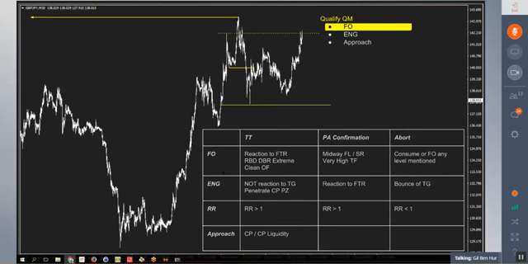I'll just give you an example. For me, if the fake out is a reaction to a first time retracement play, if it's on the extreme of a real RBD, DBR, if it's a really clean order flow place, then I really like it.